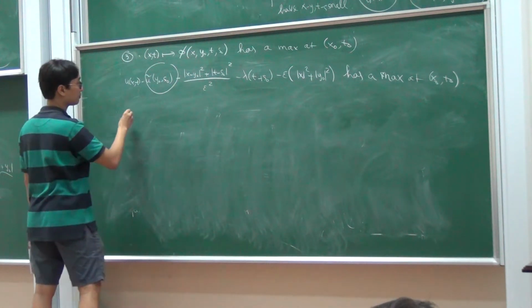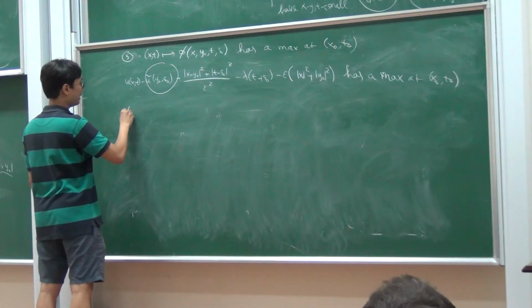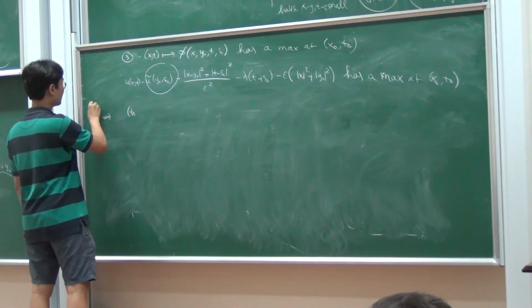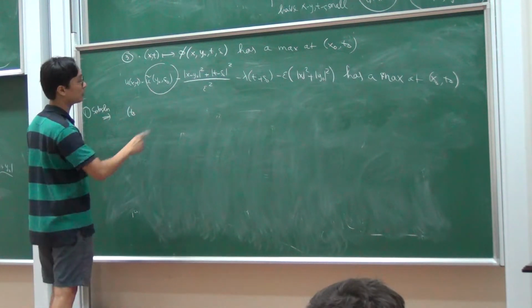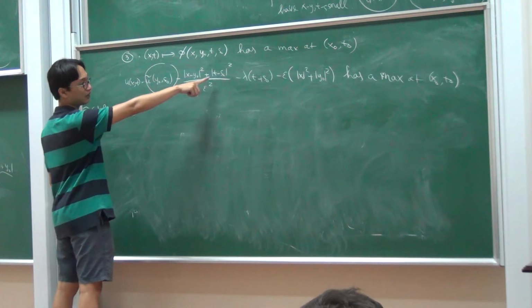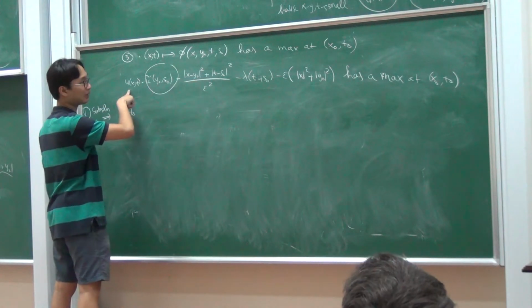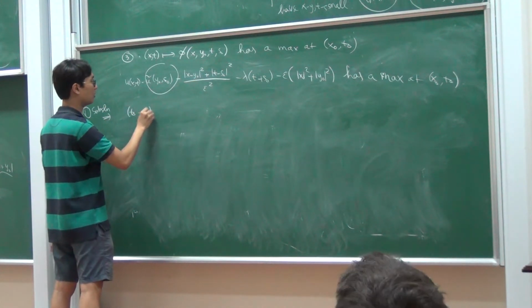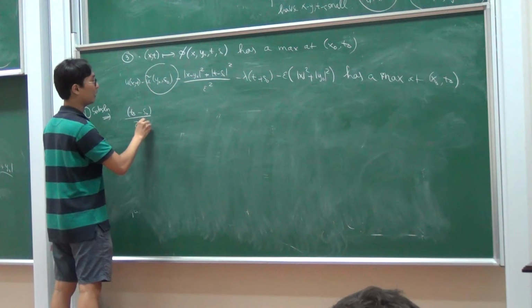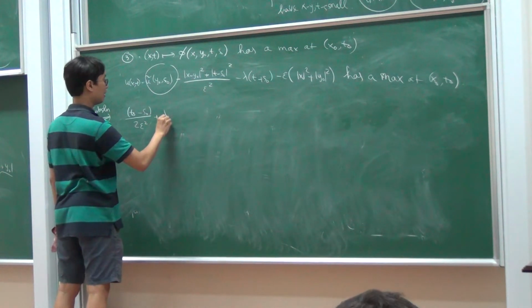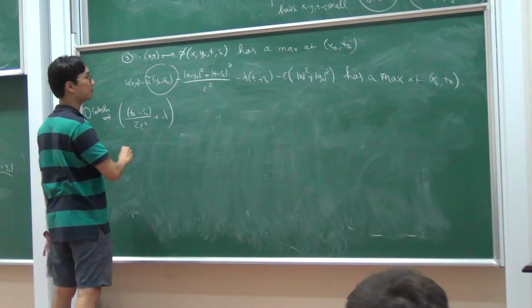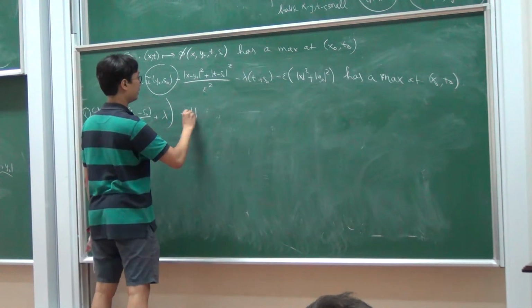So at t0, by the definition of subsolution, I differentiate with respect to t to get the time derivative, (t0 - s0) over 2 epsilon squared plus lambda. This is the time derivative, plus H at x0.